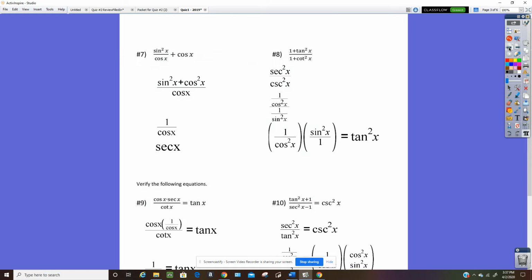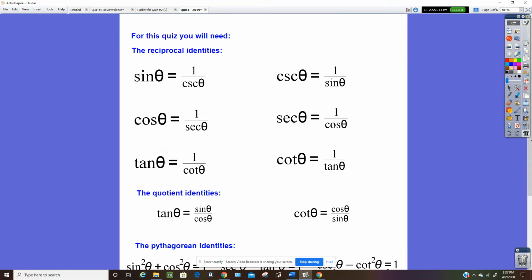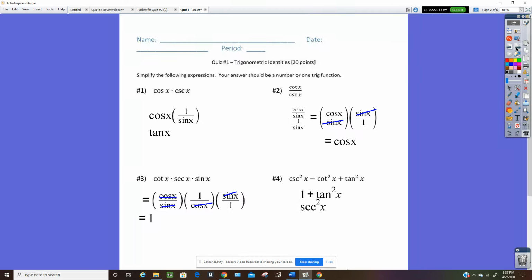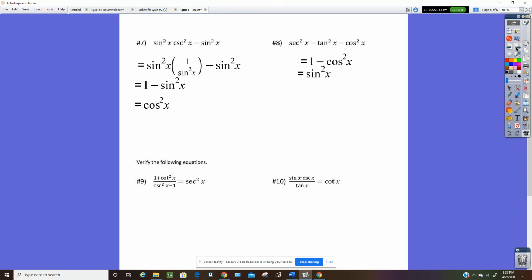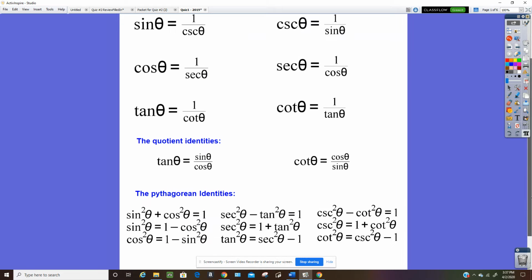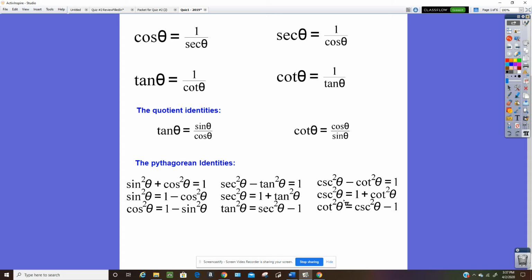Back here at the Pythagorean identities, 1 plus cotangent squared is cosecant squared. And cosecant squared minus 1, back on the identity page here, is equal to cotangent squared.